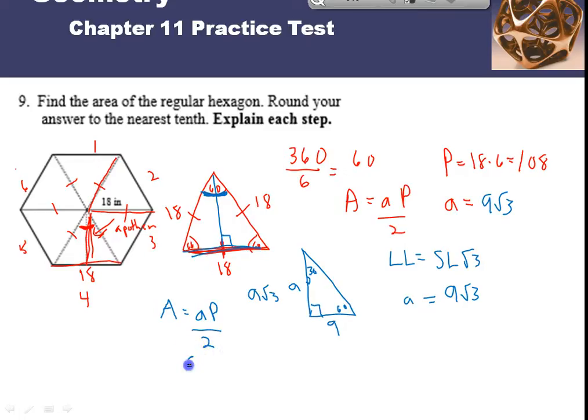So my apothem was 9 radical 3. My perimeter was 108. And I'm going to divide that by 2. And that's 486 radical 3.